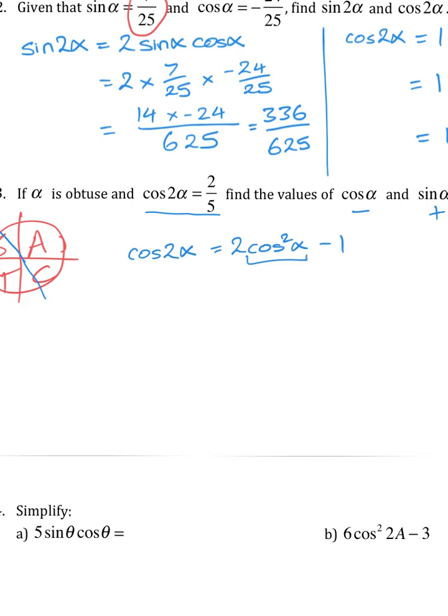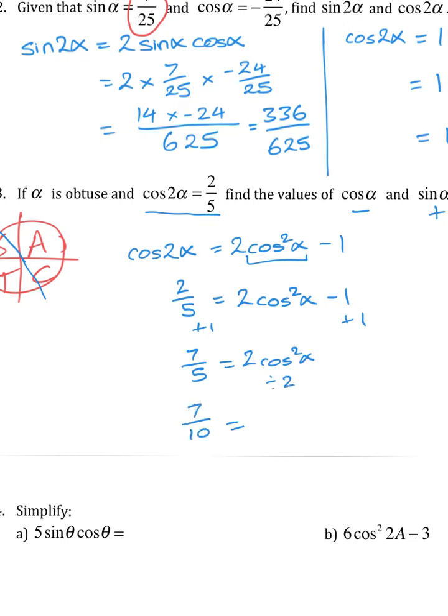So if I replace cos 2 alpha with 2 on 5, that equals 2 cos squared alpha minus 1. Add 1 to both sides, and I'm going to get 2 on 5 plus 5 on 5 is 7 on 5 equals 2 cos squared alpha. Divide both sides by 2, we get 7 on 10 equals cos squared alpha.